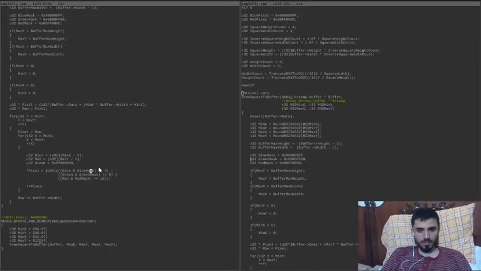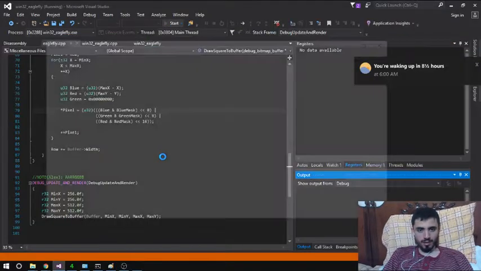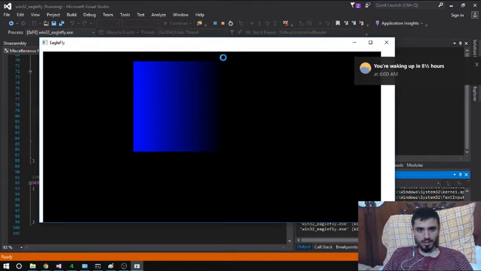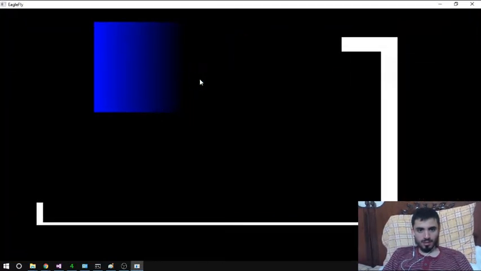Okay, so if we go here and we're running, okay, so we don't have a red, we just have a blue, but we have this gradient stuff, which is, yeah, as we expected for the blue.